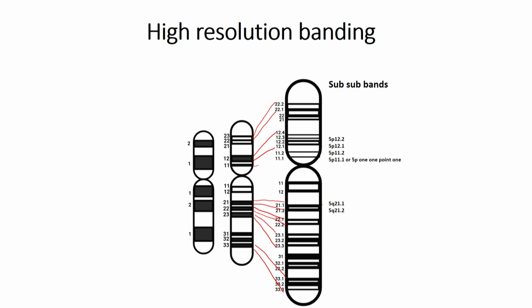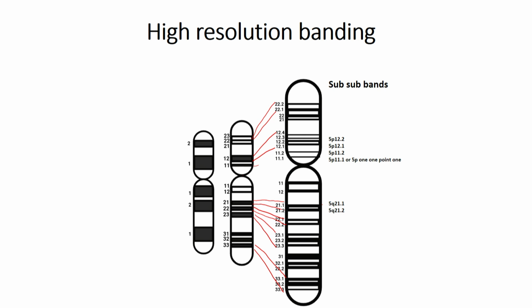So this way, each chromosome can be very clearly subdivided into different regions. And these regions are very important because when we did banding, that time our aim was to subdivide the chromosome into different regions for identification purpose. Now the next purpose is not simply the identification.